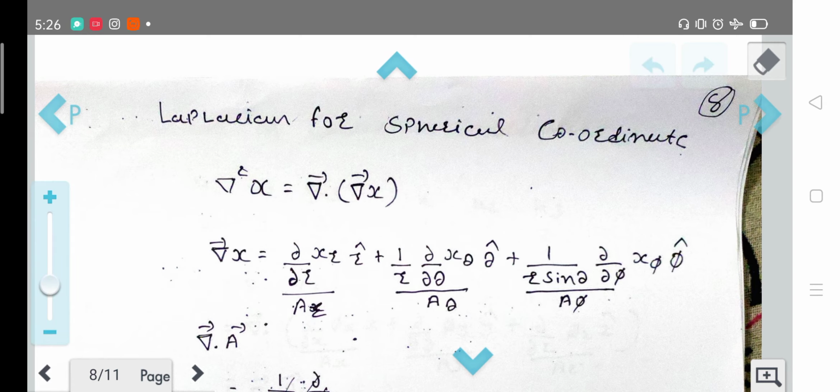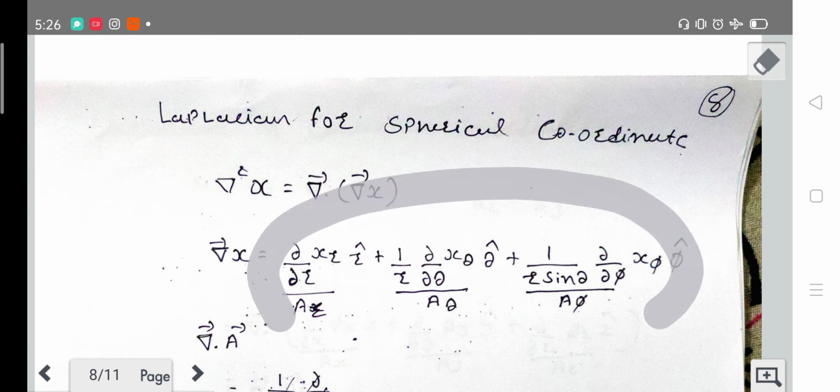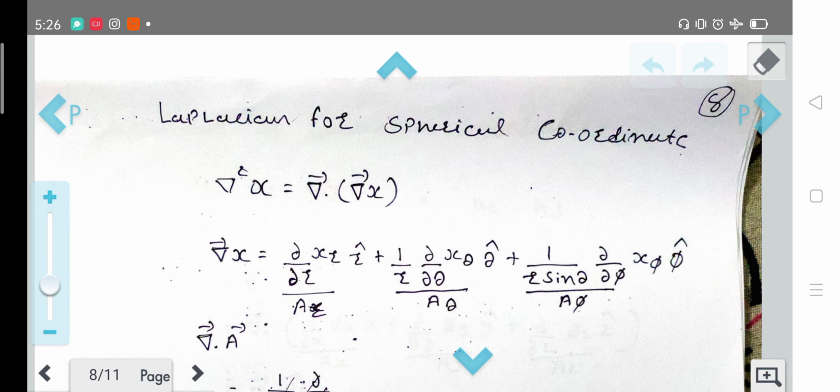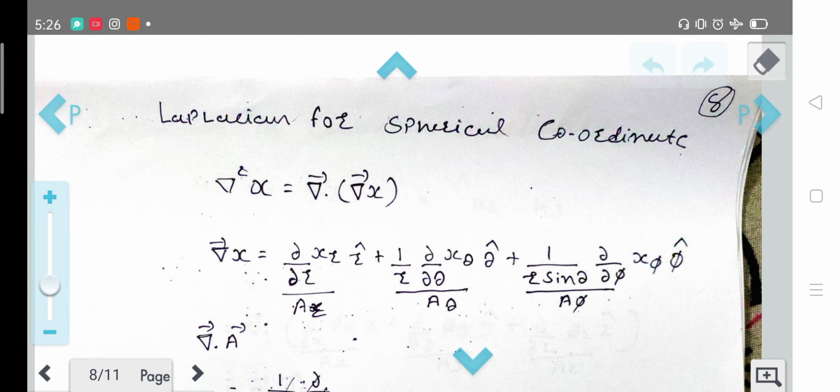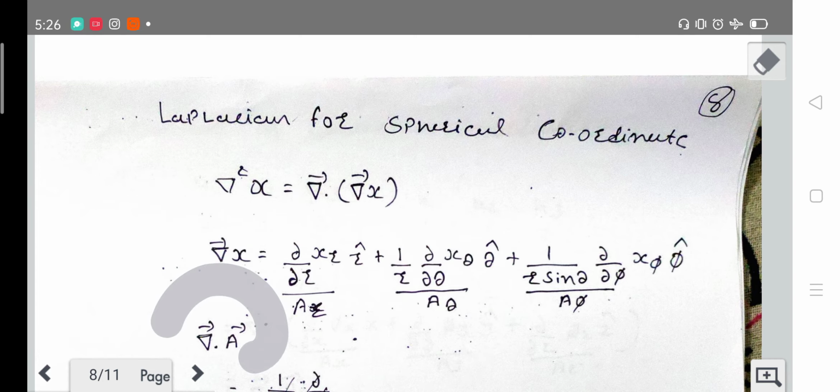Now let's consider this whole term as vector a. So this will be the r component of a, this term will be the theta component of a, and this term will be phi component of a. Now let's take the divergence of this vector a.